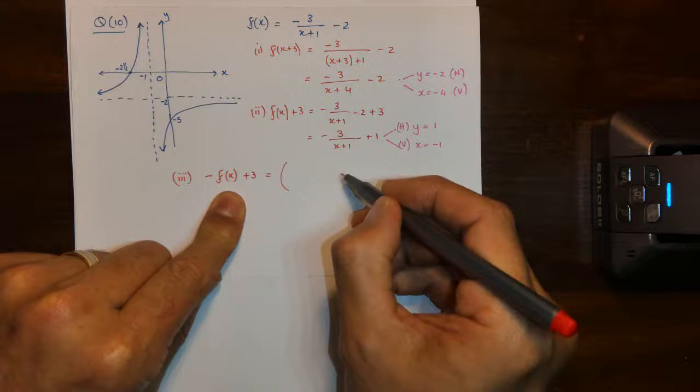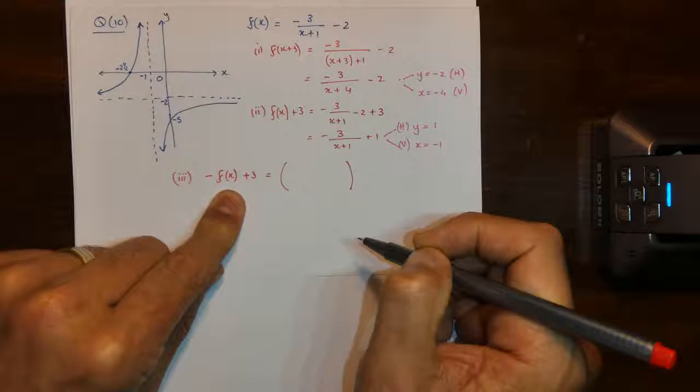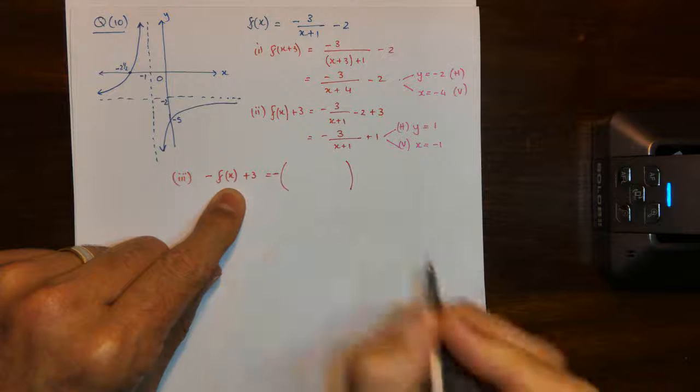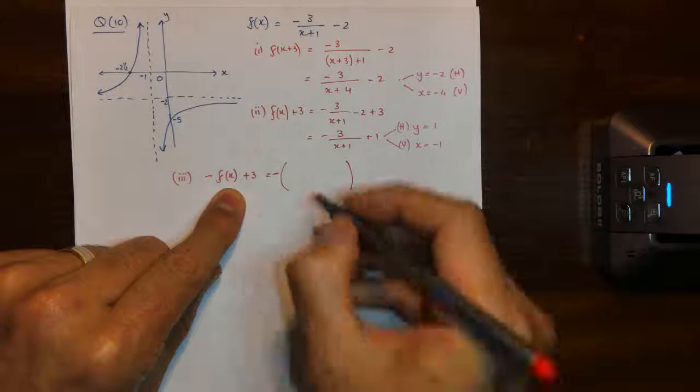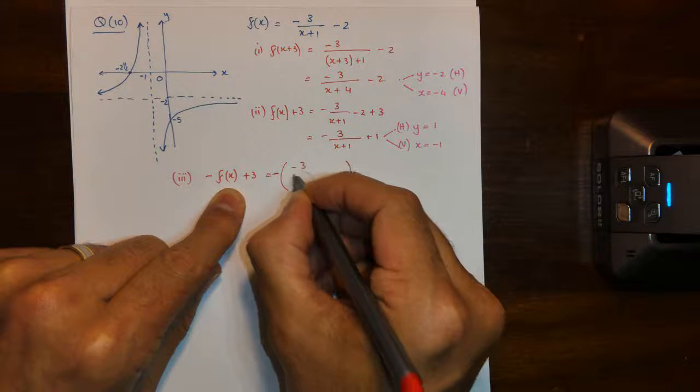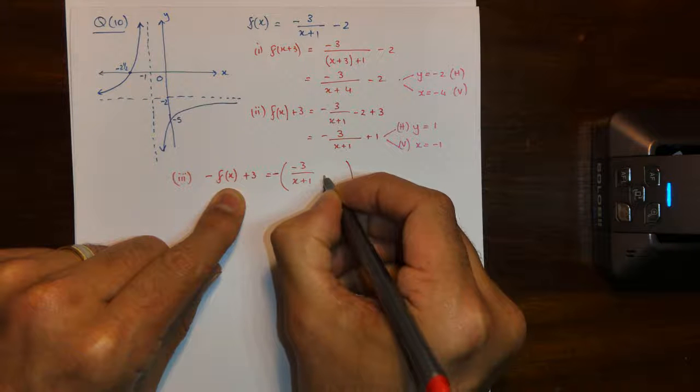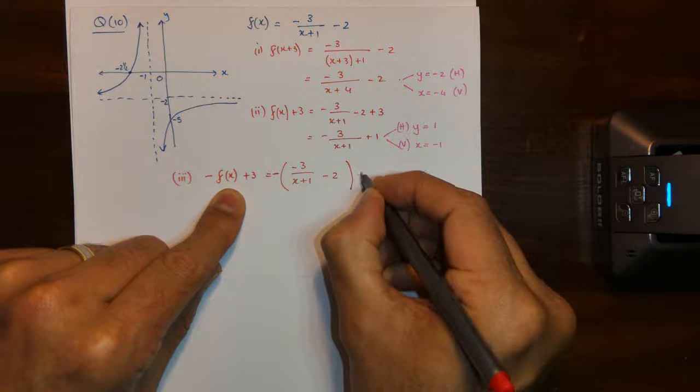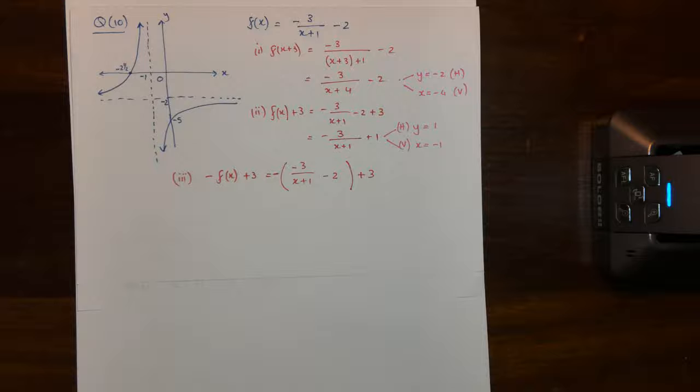So this whole thing changed its direction to a negative. So it's the negative of f of x, which is -3 over x plus 1, -2, and then a vertical translation of 3 units. That's what happened.